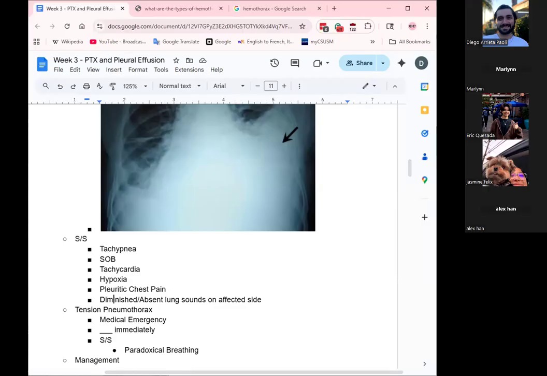But for the most part, that's why they do the diagnostics, because that's also going to help you tell what's going on. And in this case, having maybe an uneven chest rise could be a thing that happens.